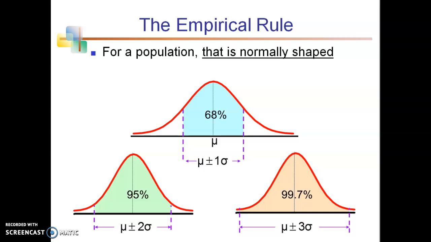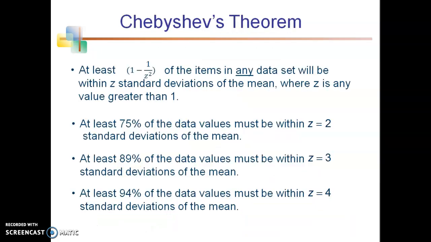Well, if I don't know whether the distribution of grades at SDSU is normal, symmetrical, or not normal, skewed, then I'm forced to use Chebyshev's theorem to understand that data. So if the mean is 3.0 and the standard deviation is 0.5, then I can say 75% of SDSU students have a GPA between 2.0 and 4.0.